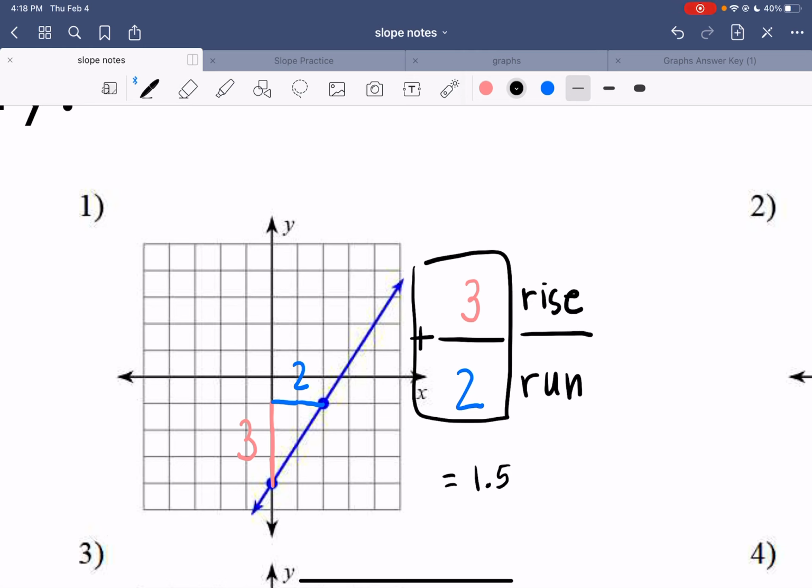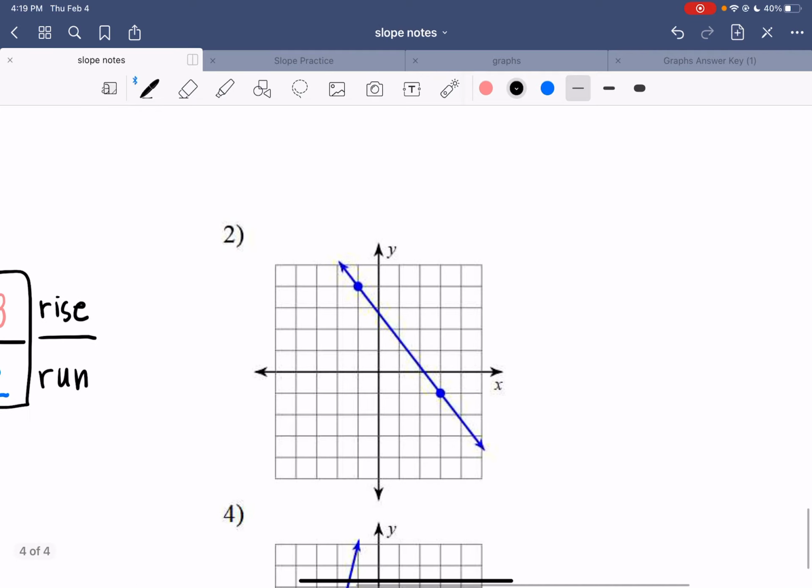Again, I know that I said decimals are easier for me, but in the instance of using a graph to find slope or graphing slope of a line on a coordinate plane, you're always going to want to stick with the fraction, okay? Always the fraction.